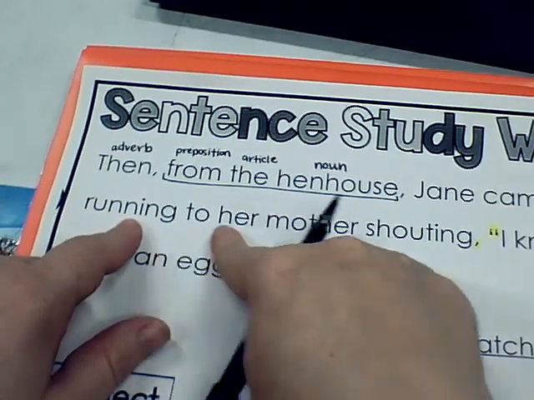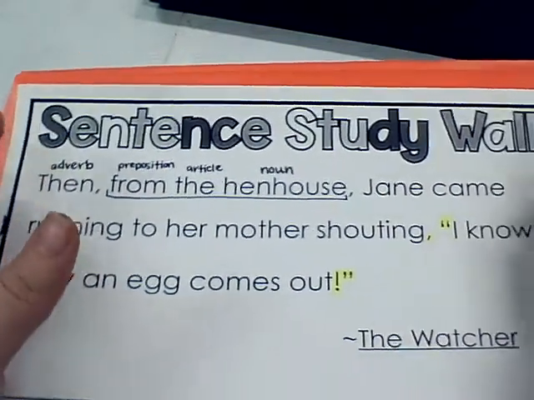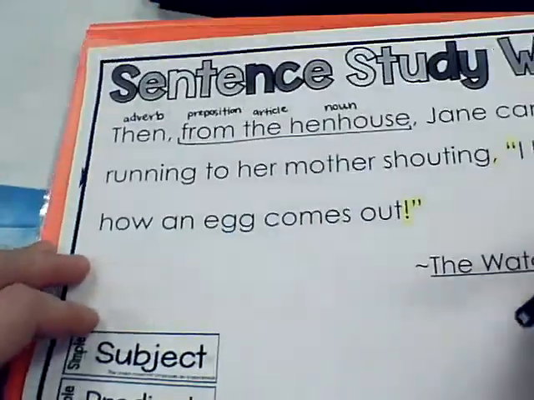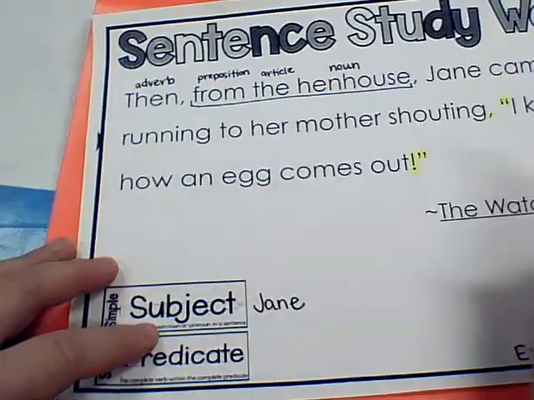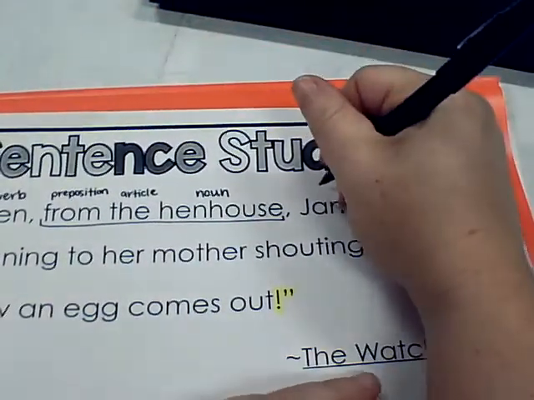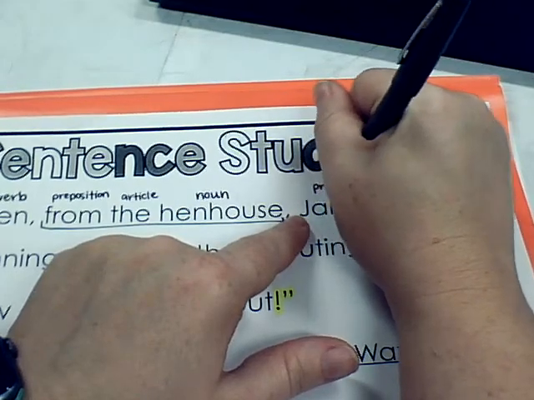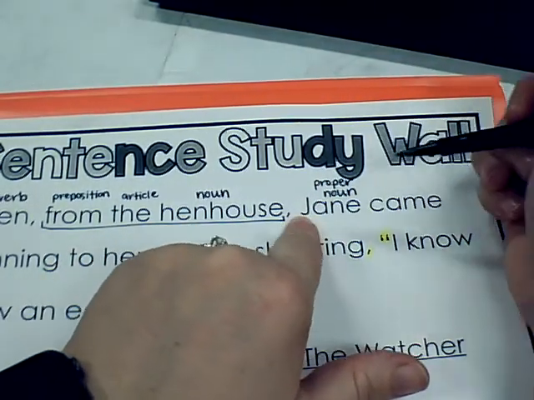Jane came running to her mother shouting. Okay. So Jane is the first clear subject of the sentence. So we're going to put Jane down here. Jane. So it's capitalized. That means it's a proper noun. It's not just a noun, it's a proper noun, and it's capitalized.